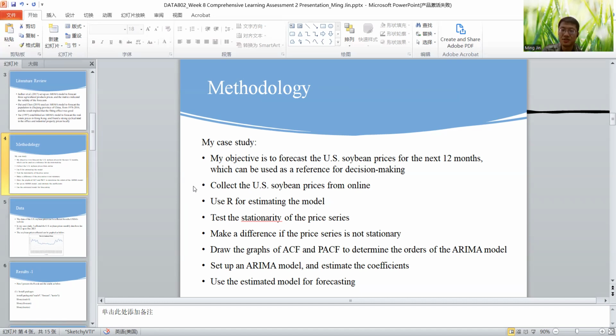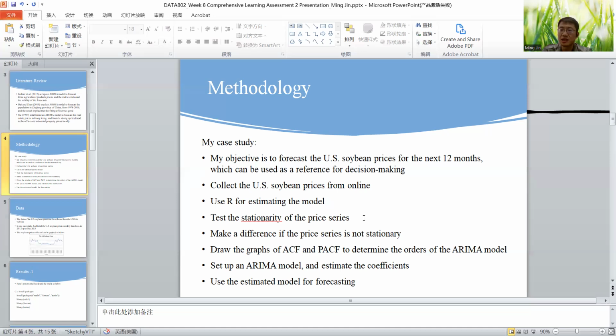The steps of the data analysis are as below. First, I collect the US soybean prices from online. Next, I will use R to estimate a model. The first step of the analysis is to test the stationarity of the US soybean prices.